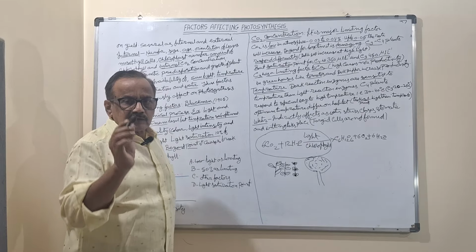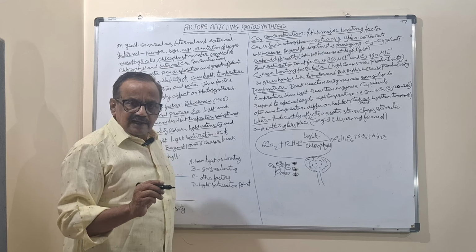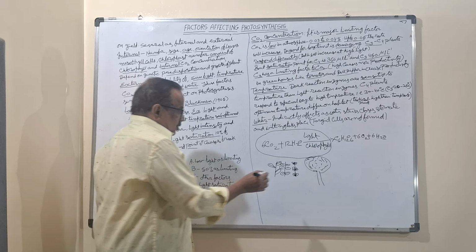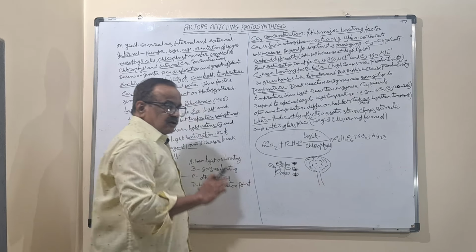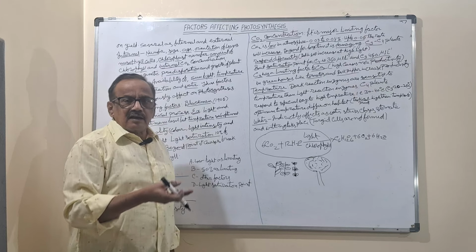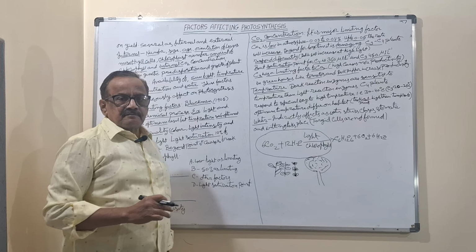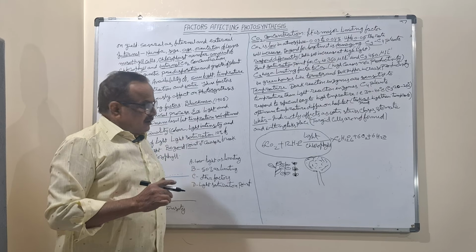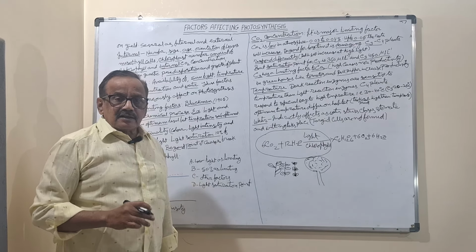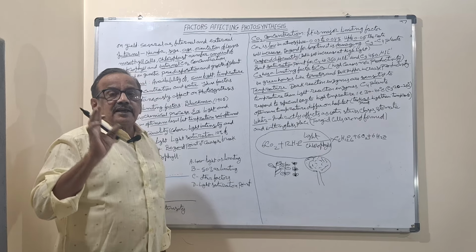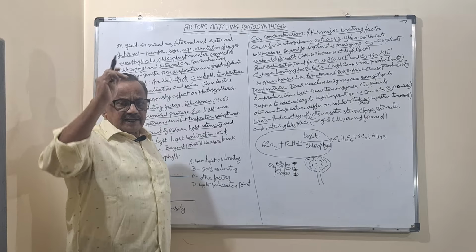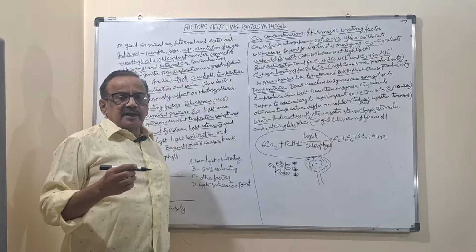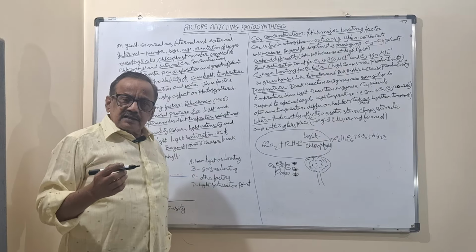That is the green light, which is why we see the plant as green. So the leaves present inside the canopy, canopy meaning the complete total surface of the plant, will get less quality of light, less red light.